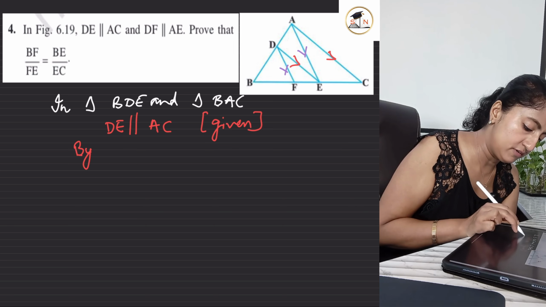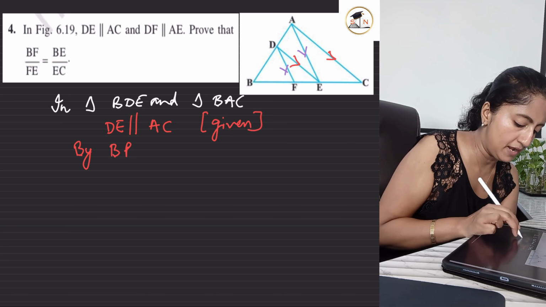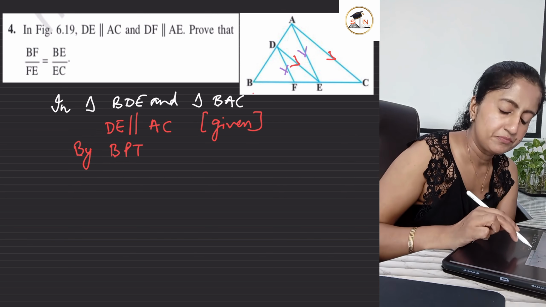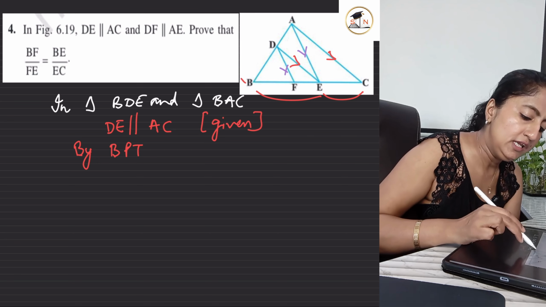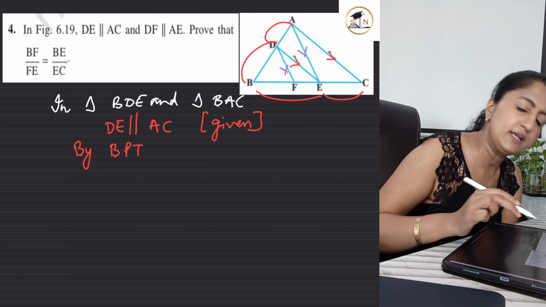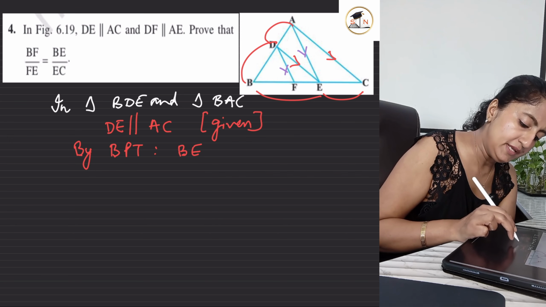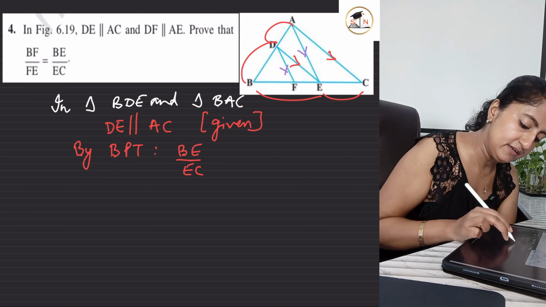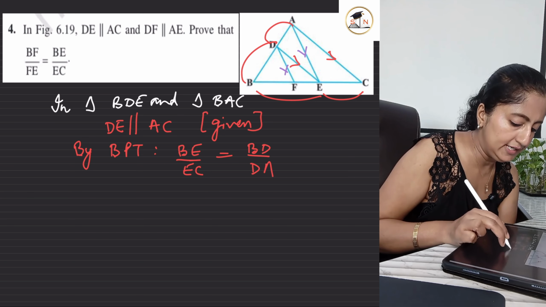So if lines are parallel, so we have by BPT, what do we get? We get BE over EC equals BD over DA, right? So by BPT, we get BE over EC equals BD over DA.